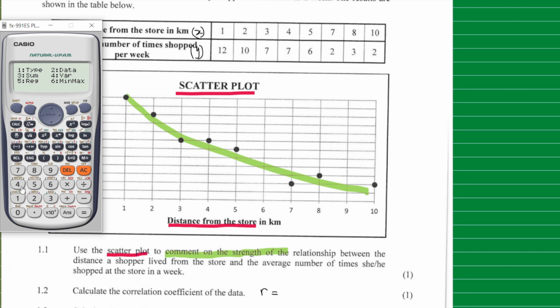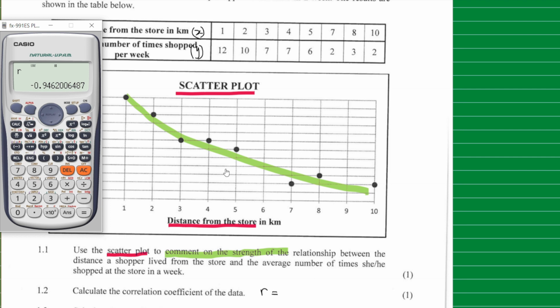shift 1 here, and 5, we go to regression 5, and we'll find the R there, which is option 3, press equals, we'll get the value. So R is equal to negative 0.946.